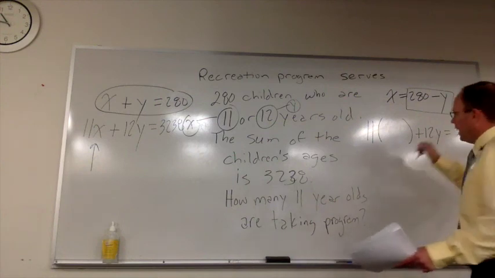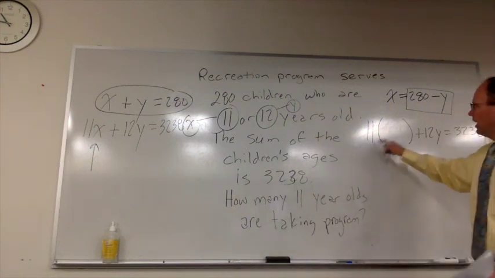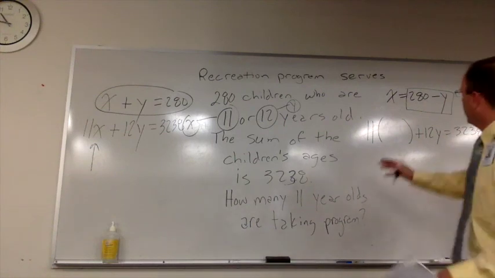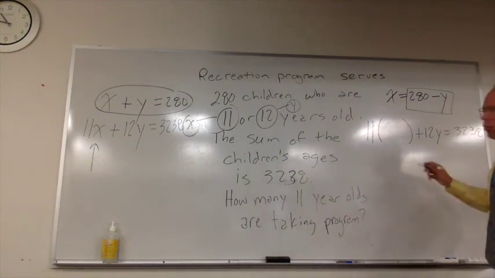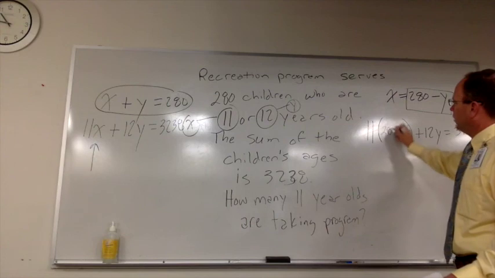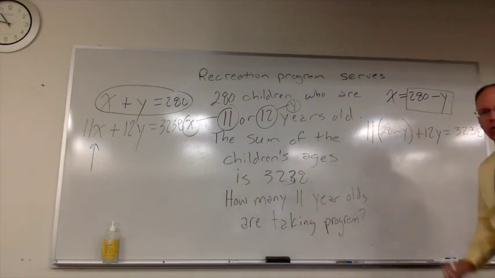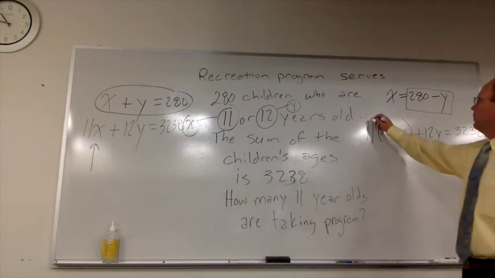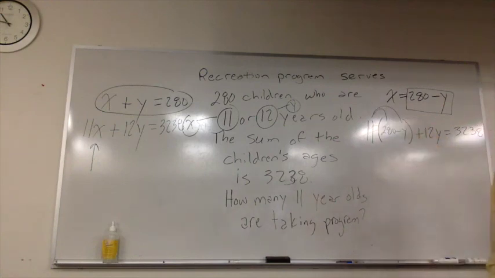That second equation was 11X plus 12Y equals 3,238, but now we know that X is equal to 280 minus Y. So I'm going to plug in the 280 minus Y. That's substituting in. We're going to distribute over the parentheses.